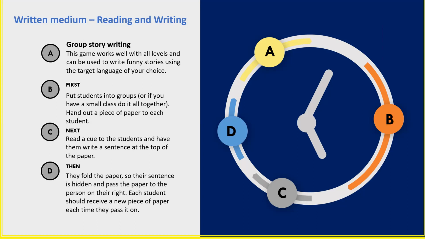Each student will receive a new piece of paper, and then he will need to write a new sentence relating to the previous sentence. And after writing the sentence, they fold the paper and pass it on, and so on. That's a really nice activity in which students read the written sentences and then write a relating sentence to this, and so on until the time ends.